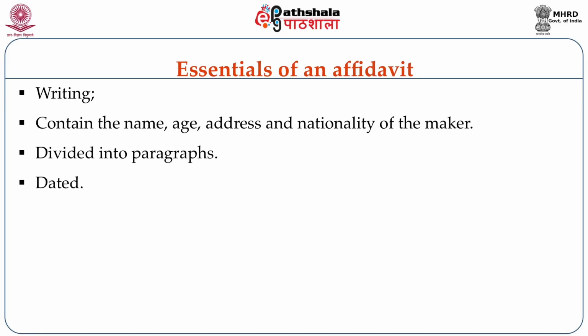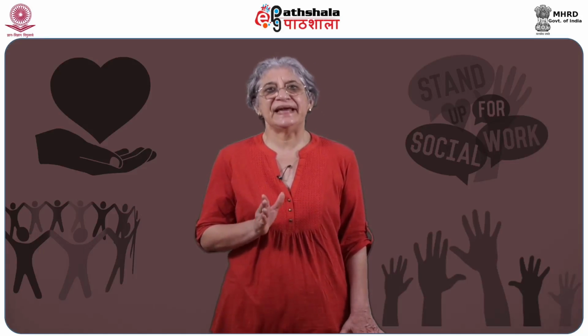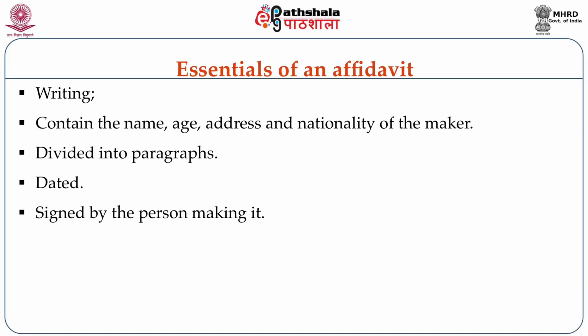An affidavit must be dated because it should be clear that the facts stated in the affidavit are stated so on a particular date, because the facts may subsequently change.